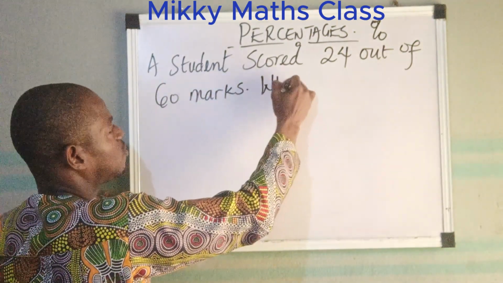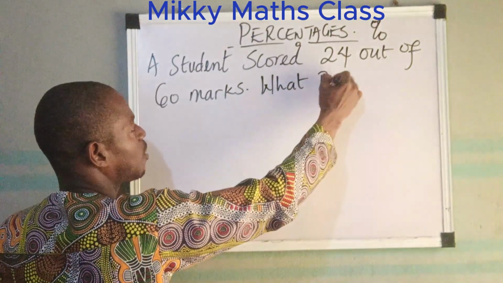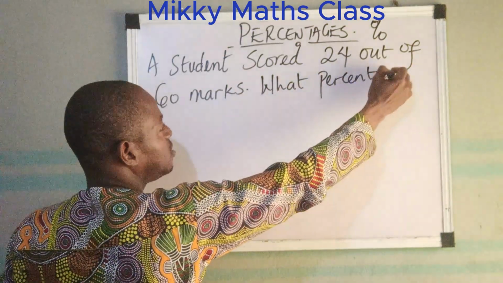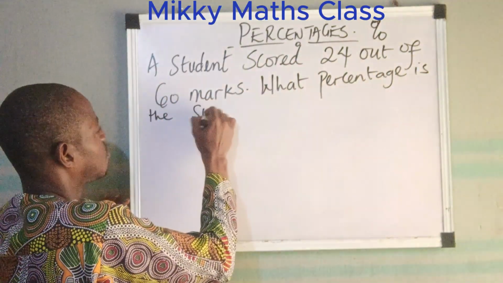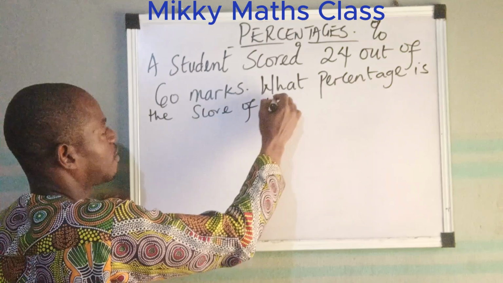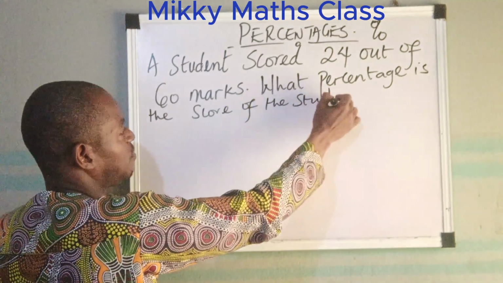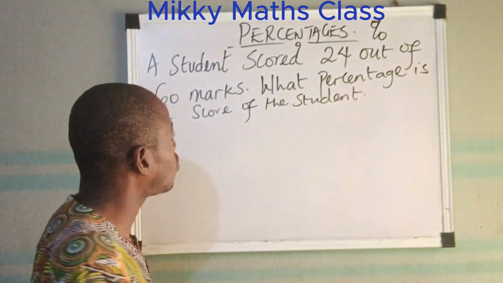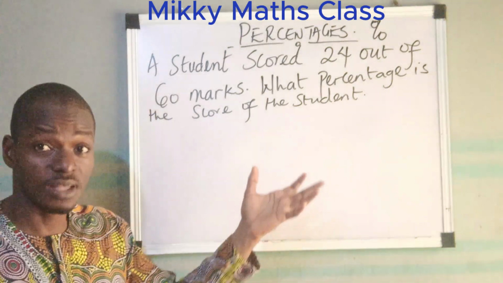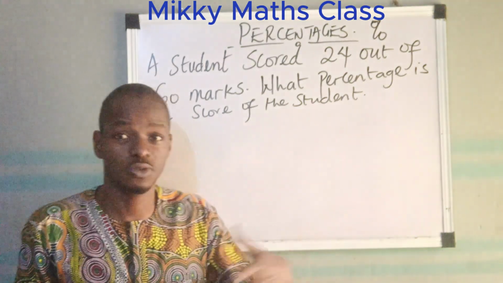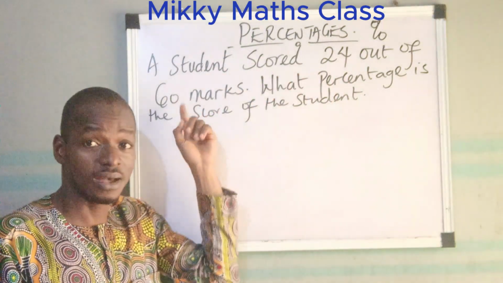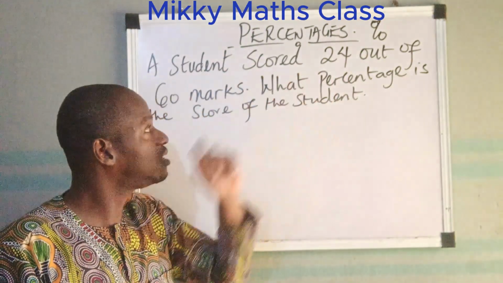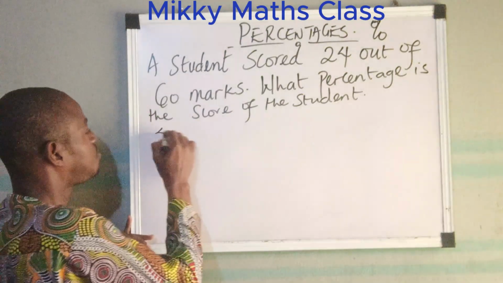You can be asked the question: what percentage is the score of the student? Very simple. Out of 60 marks, that means in the test or exam the student wrote, the student scored 24 out of 60 marks. What percentage is this 24? So how do we do it?